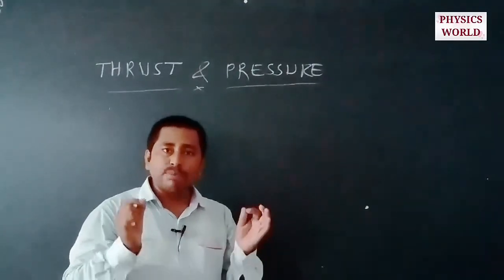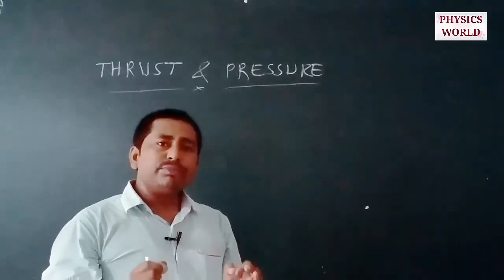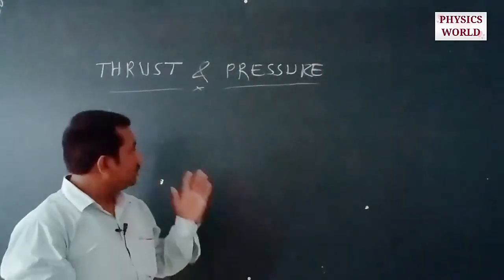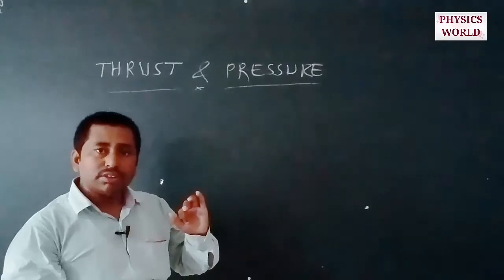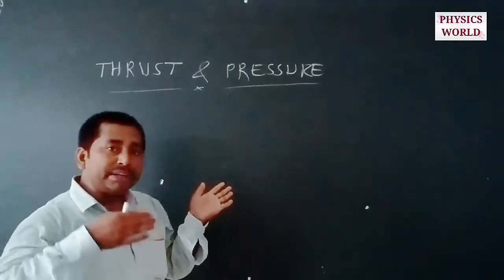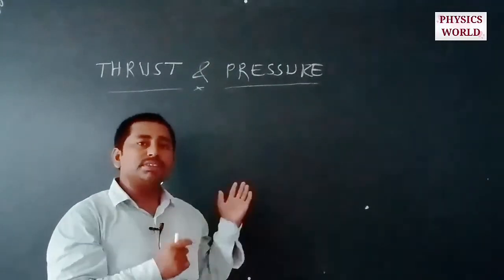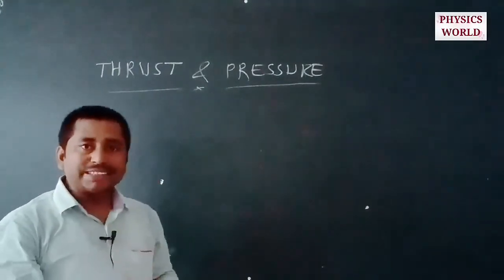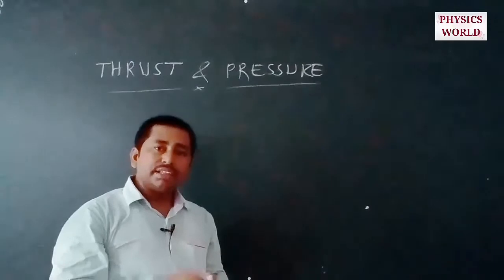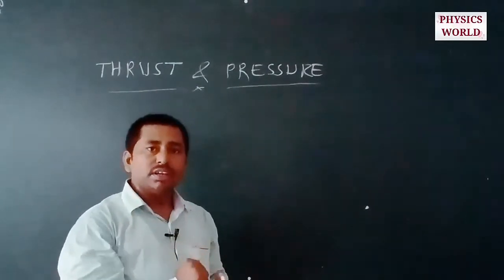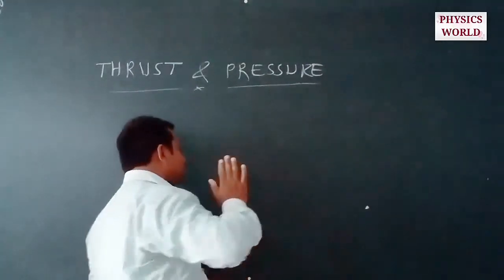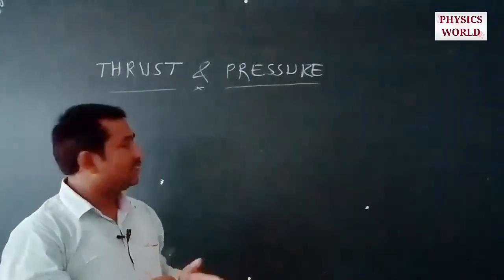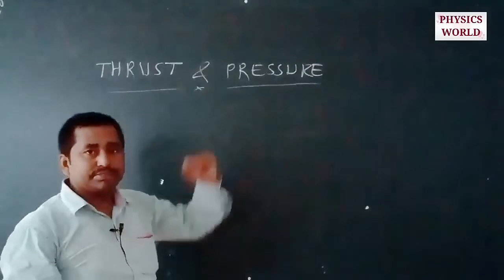Thrust is a special type of force that measures the component of the force along the perpendicular or normal of the surface. So if any force acts on a surface, then the component of the force acting perpendicular to the plane of the surface, or normal to the surface, is known as thrust.